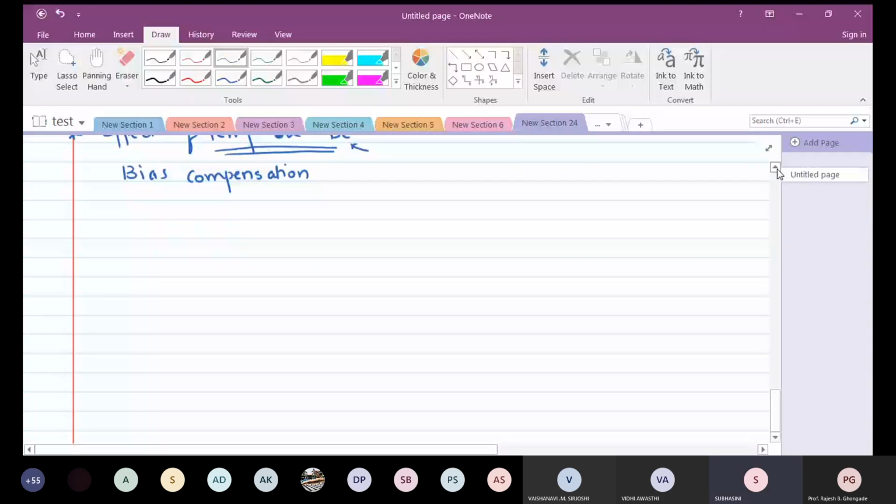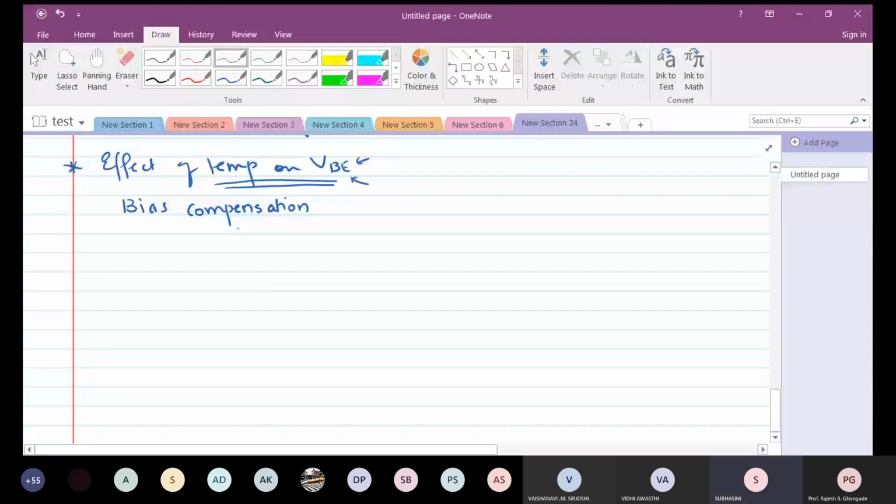So for that we have a special circuit. Let us see that circuit now. This is called the bias compensation. This is our usual RC, RE. Then we have R1.